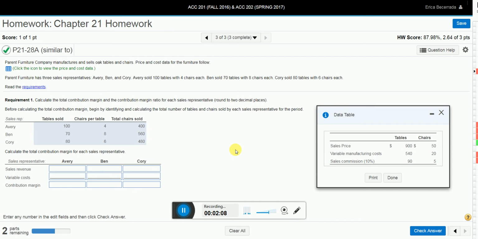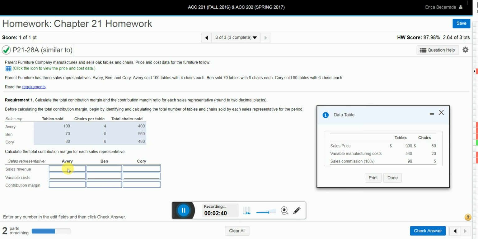Alrighty, so moving on. Now we have to calculate the sales revenue, variable cost, and contribution margin for each representative. Okay, and to get the sales revenue, we have to take the total tables sold and multiply that by the sales price of each table.